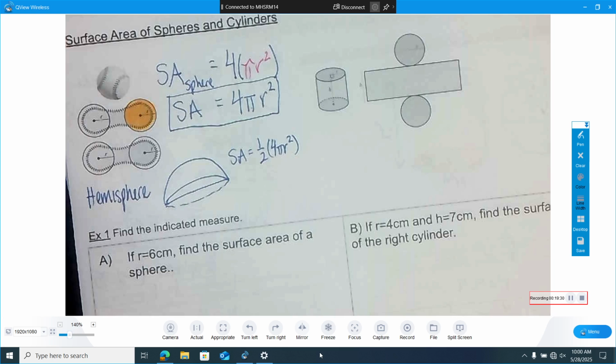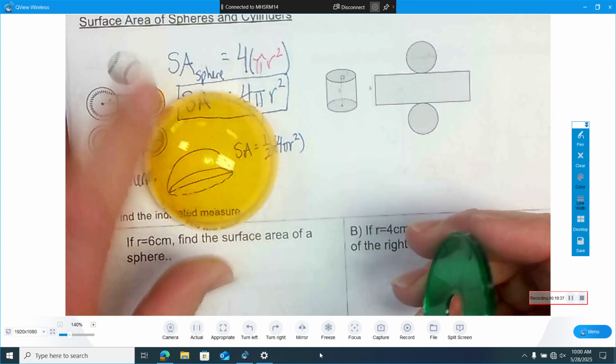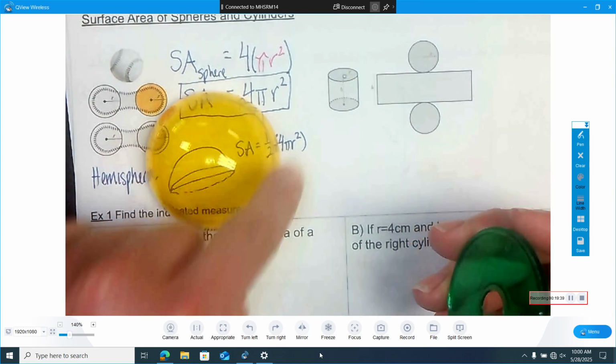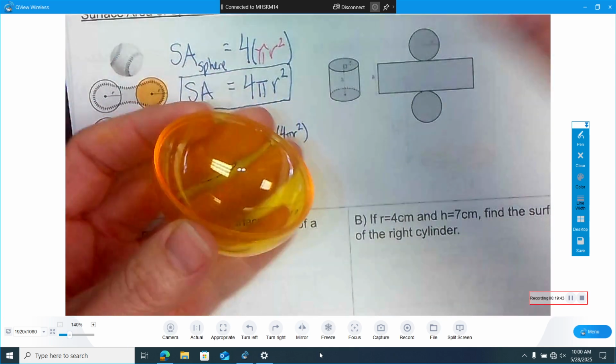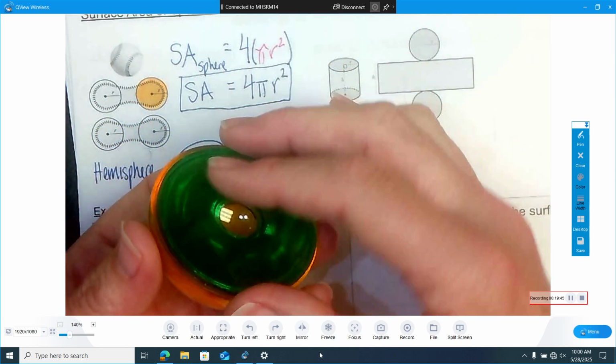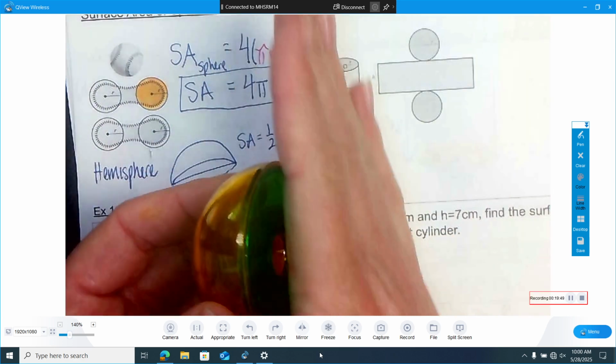However, that's only the top portion. That's only this top surface of the sphere, and the problem is there's another surface now. When we're talking about surface area, we have to include all the faces.